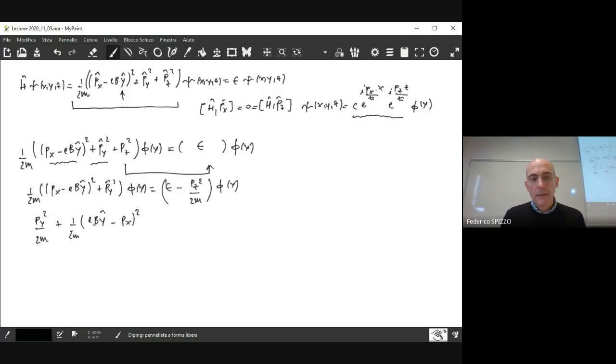Then I take e and B out of the parentheses, and this is applied to phi y. So this is equal to Py squared divided by 2m. If you take eB out of the parentheses, you have e squared B squared.